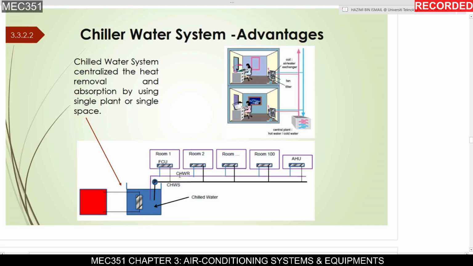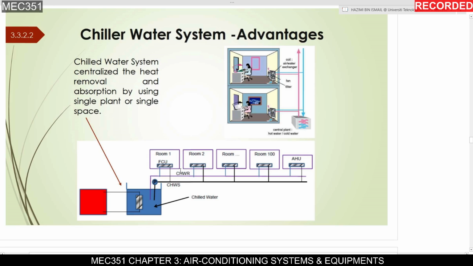CH stands for chiller, W means water, R means return, and S means supply. So the water will return to the AHU and will supply to the chiller, and the loop will go on until you shut down all the AHU and also the pump.